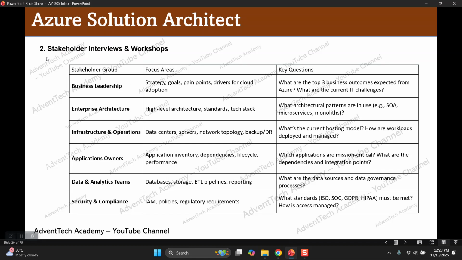Step number two is stakeholder interview and workshop. As a solution architect, we need to connect with the business leaders and identify their focus areas like strategies, goals, pain points, and drivers for cloud adoption.